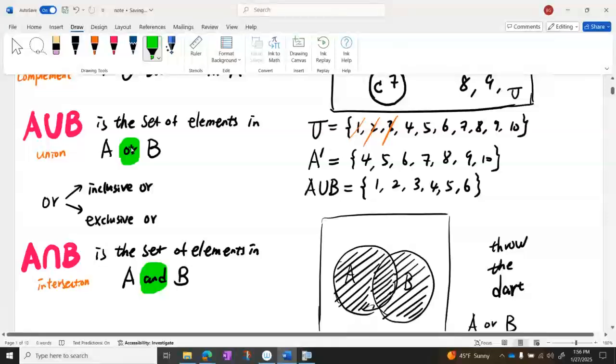A union B, or. A intersect B, A and B. So this set contains all the elements that belong to both A and B. In other words, A intersect B includes all the common elements of the two sets.